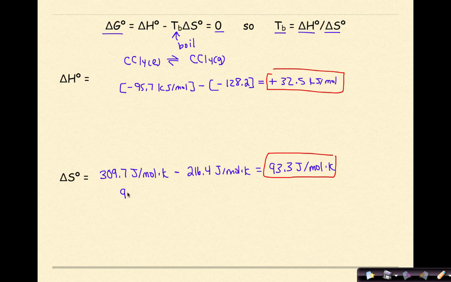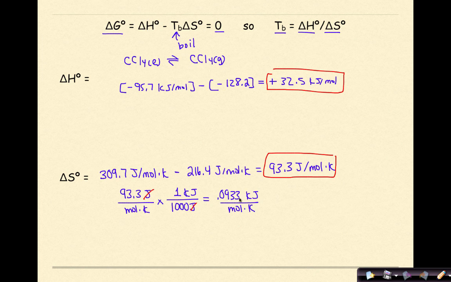So we're going to have 93.3 joules per 1 mole 1 Kelvin, and I need to convert that joules into kilojoules, and I know that there is 1,000 joules in 1 kilojoule, so that means these joules cancel. So when I work this out, it's going to be 0.0933 kilojoules per 1 mole 1 Kelvin.